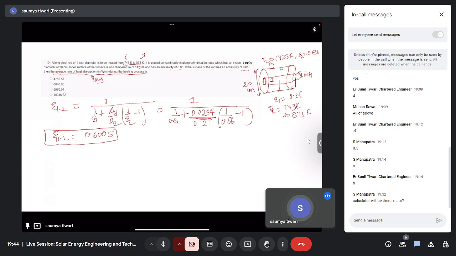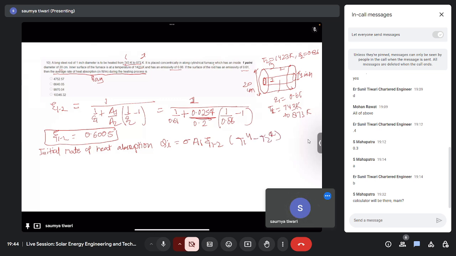So let us calculate the initial rate of heat absorption. We know the formula: Q initial will be sigma, the Stefan-Boltzmann constant, into A1 into the view factor into T1 to the power 4 minus T2 to the power 4.